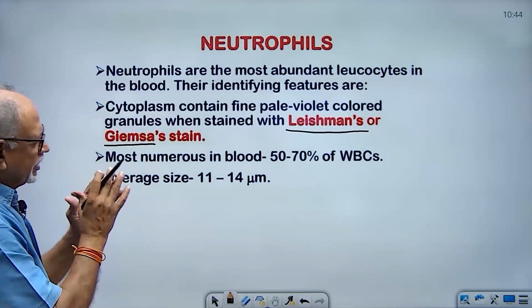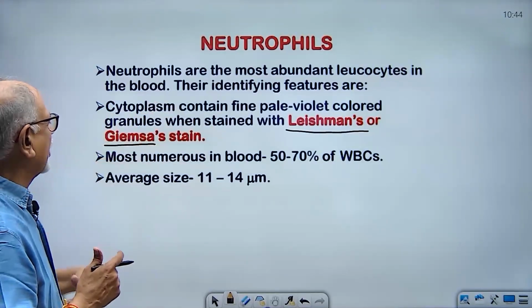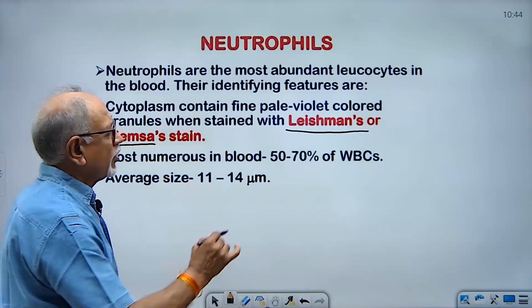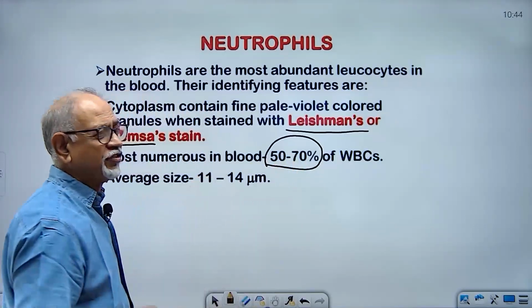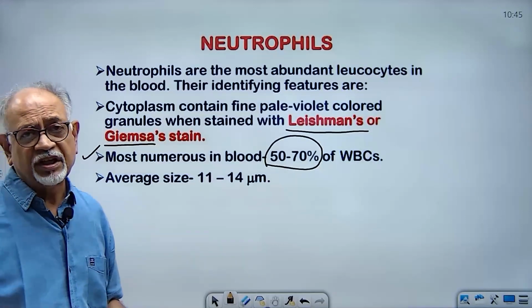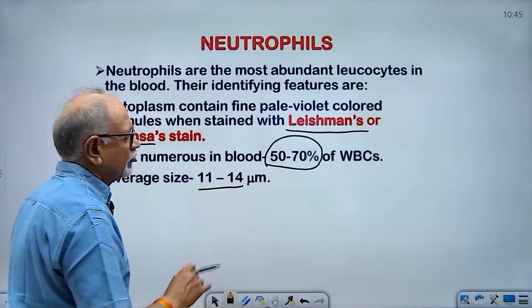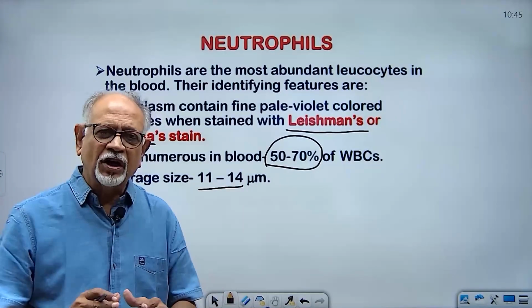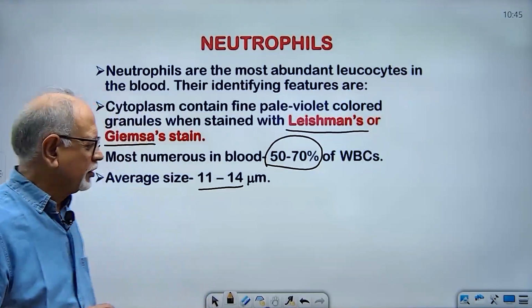These grains of the cytoplasm take stain from these dyes. They are most numerous in our blood, forming about 50 to 70% of WBCs, and their average size is 11 to 14 μm. So neutrophils are more in number as compared to other granular leukocytes.